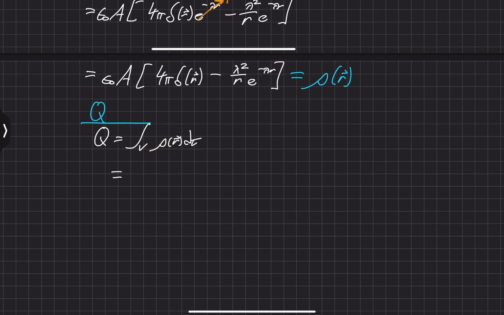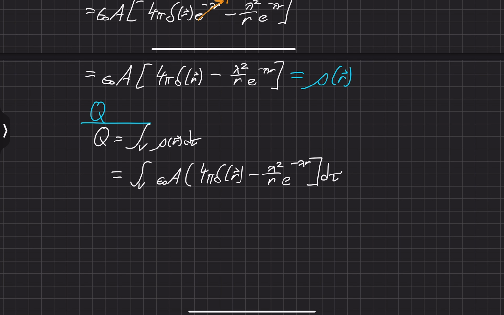So of course we have this volume integral. I'll just keep it generic right now. Epsilon naught, 4 pi Dirac delta of r, minus lambda, which of course is just some constant, times our exponential function that we've been working with, d tau here.